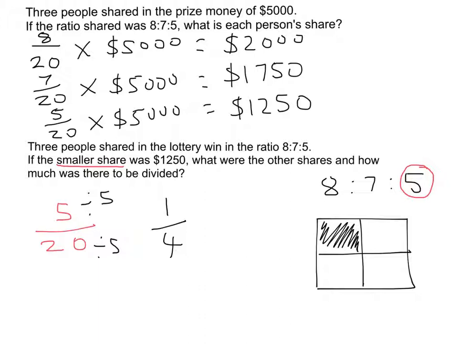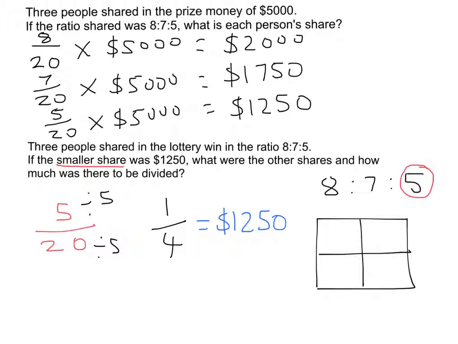So we know that, but we also know in this question that this 1/4 is actually representing 1250. Right? We know that because it says here the smallest share is 1250.